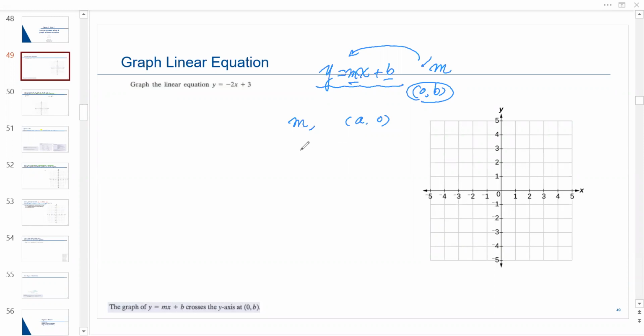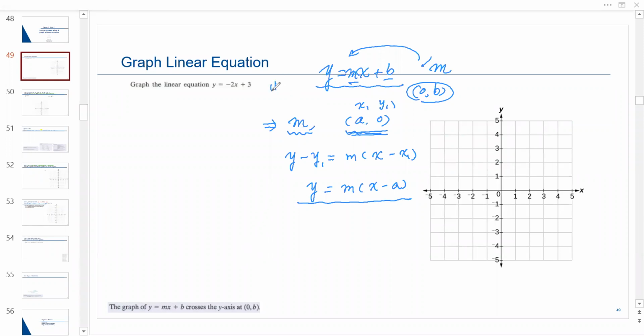Consider this as (x1, y1), so you can use the format y minus y1 equals m(x minus x1). Because y1 is 0, y equals m(x minus a). So when they tell you the slope and x-intercept, you can get this one.